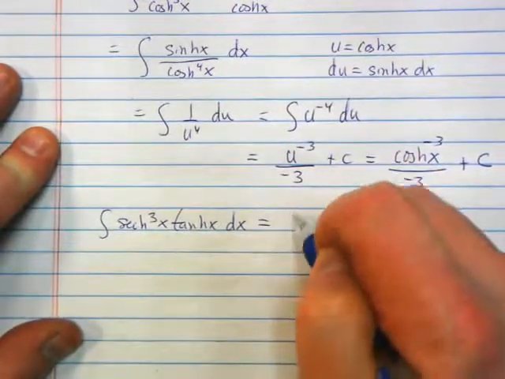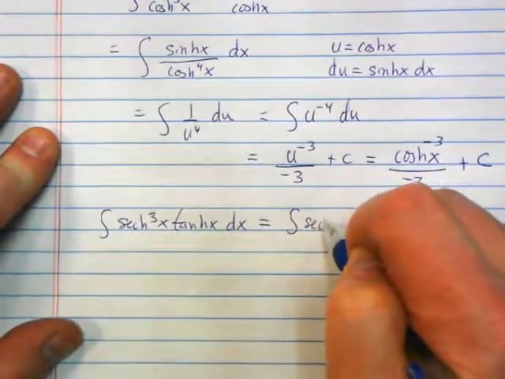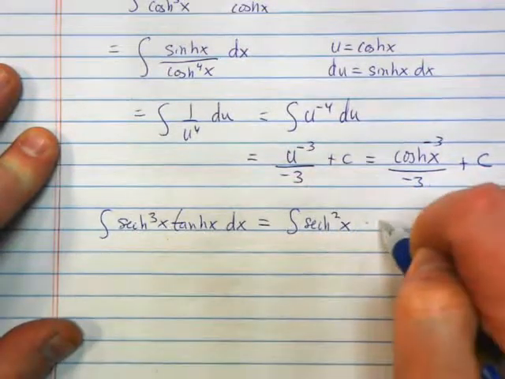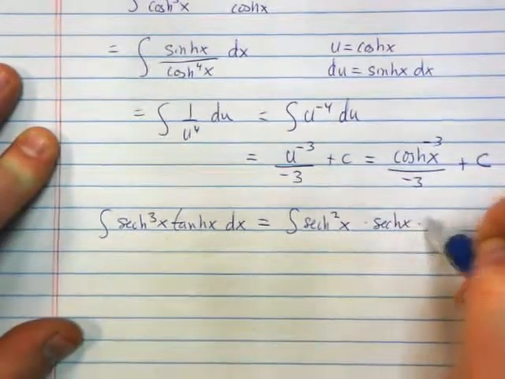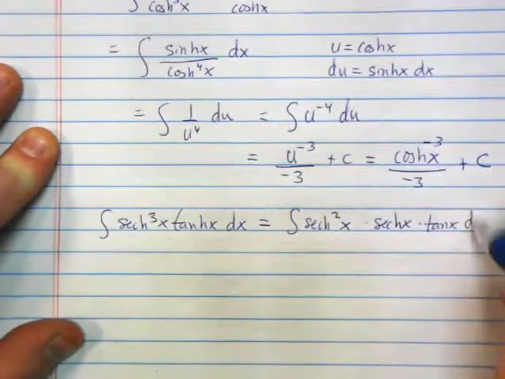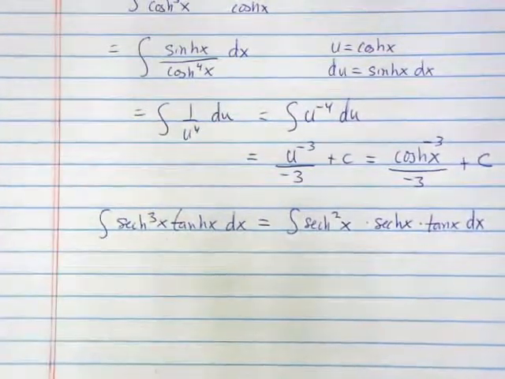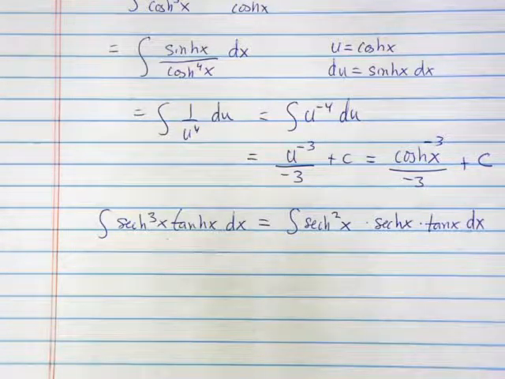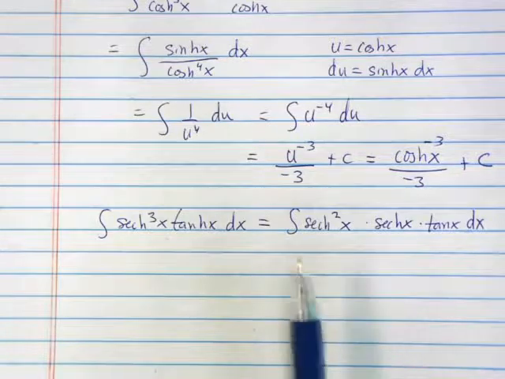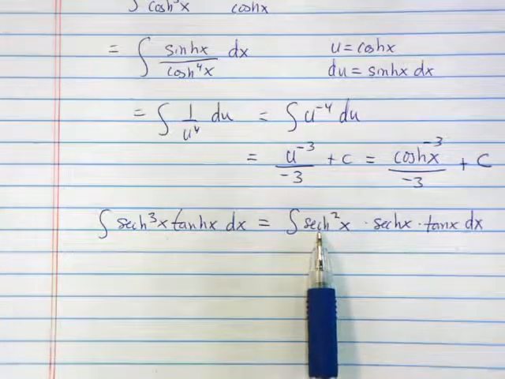I'm going to rewrite this as hyperbolic secant squared times hyperbolic secant times hyperbolic tangent. And that is what I thought somebody was doing when somebody said let u equal hyperbolic secant. Because if u is hyperbolic secant, what's the derivative of hyperbolic secant?